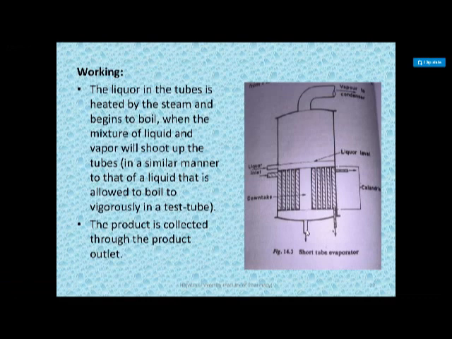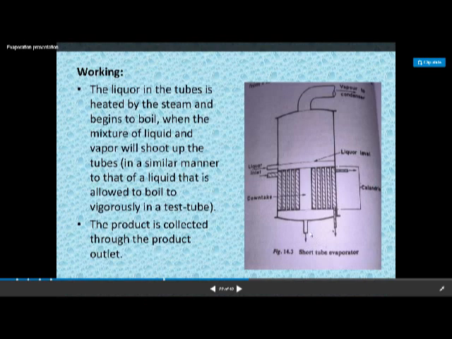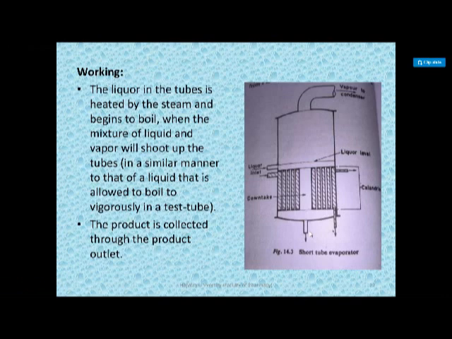On the lower side, there may be a chance of development of hydrostatic head or pressure because of the upper side liquid as the level is high, and the boiling point may increase. At this position, some quantity of the liquor may come out of the evaporator without evaporation.